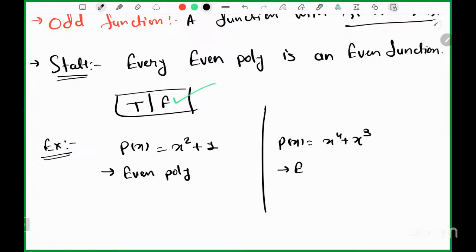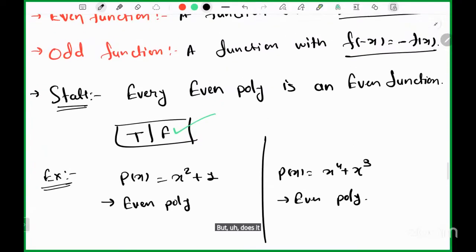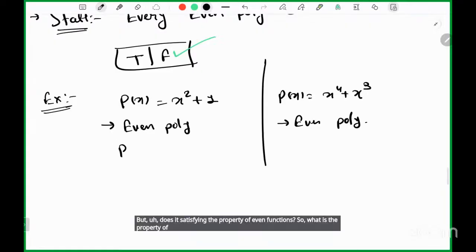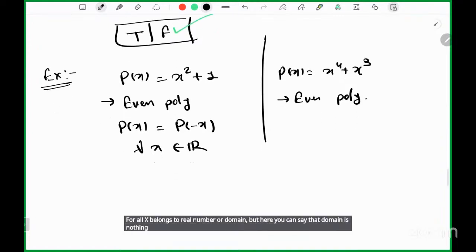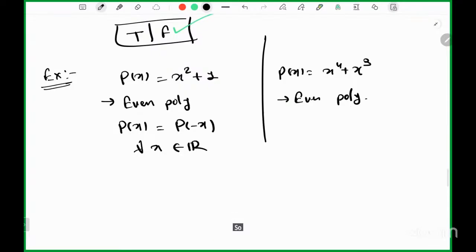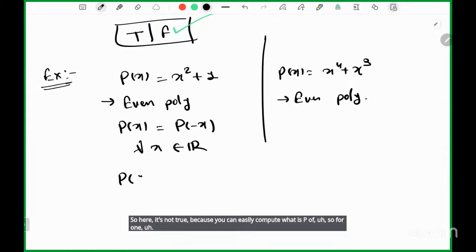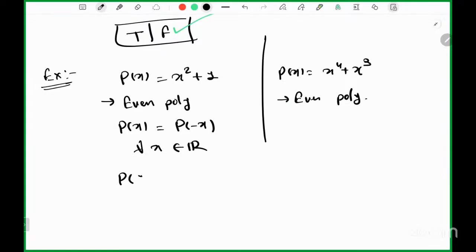This is also an even polynomial. But does it satisfy the property of an even function? So what is the property of an even function? P of x should be equal to P of minus x for all x belonging to the real numbers or domain. But here you can say that the domain is nothing but the whole real numbers. That's why, here it's not true because you can easily compute what P of, so for 1, no, x square plus 1 is an even polynomial actually.